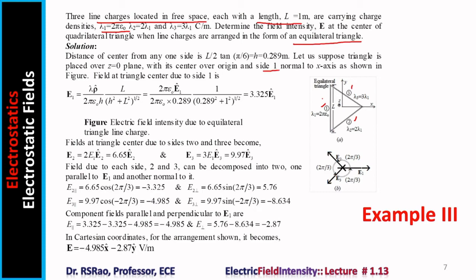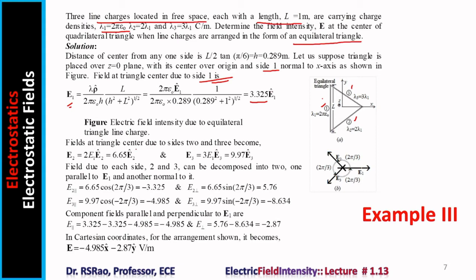Field at the triangle center due to side 1 is E1, which is lambda rho cap by 2 pi epsilon naught h, times L by square root of h square plus L square. Substituting L value, h value, lambda value and all that, we will be getting it as 3.325 E1 cap. E1 cap is the unit vector along the direction of field due to charge 1.